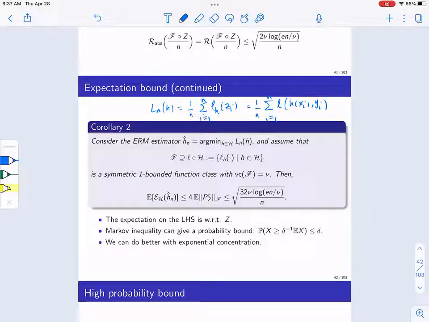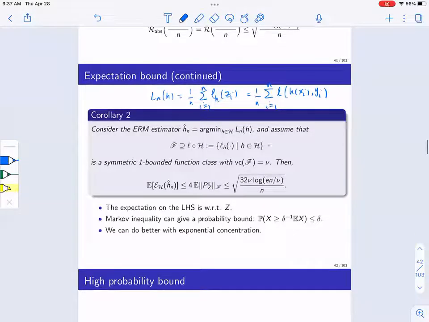And so we minimize this over a class of functions H. And we also look at this loss class, which is just the class of functions that look like this. Basically, you want something like this as h varies in H. So these are functions on Z.